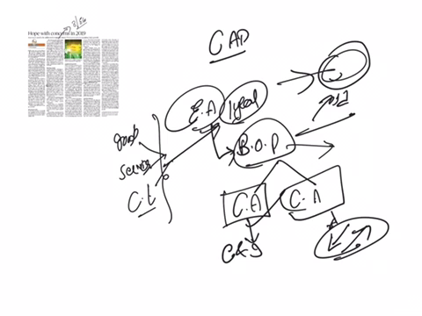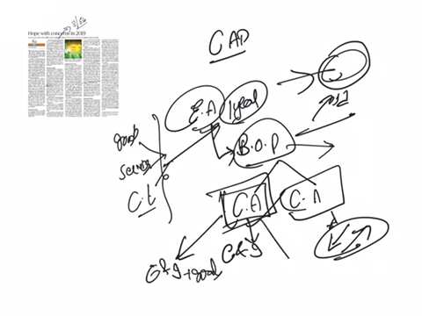Now the current account has two components. One is exports and imports of goods, and the other component is exports and imports of invisibles. Invisibles also include services.